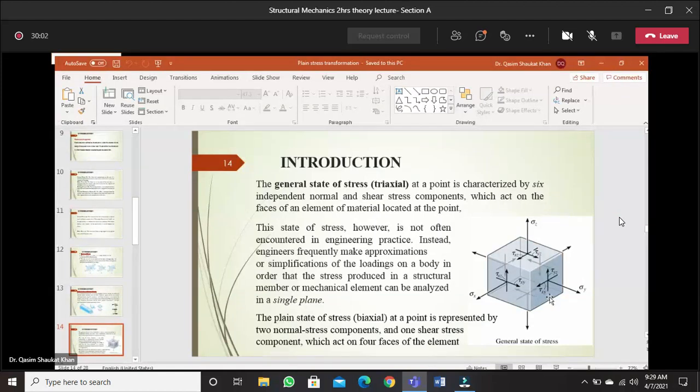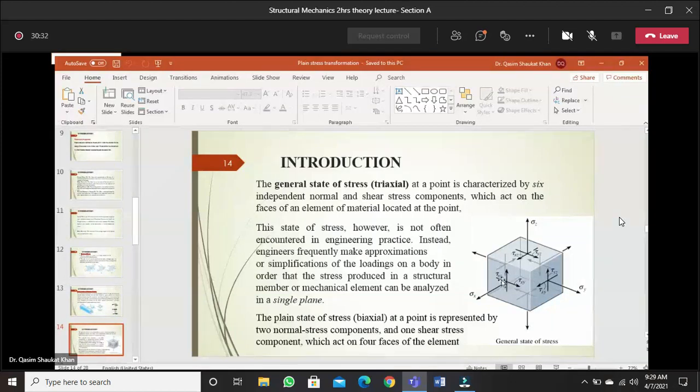Our normal stress here is sigma y, because it is acting along the y direction. Actually, it should be sigma yy, but normal stresses are represented by one subscript. Even if you represent it with two subscripts, it will be sigma yy, so it's the same.